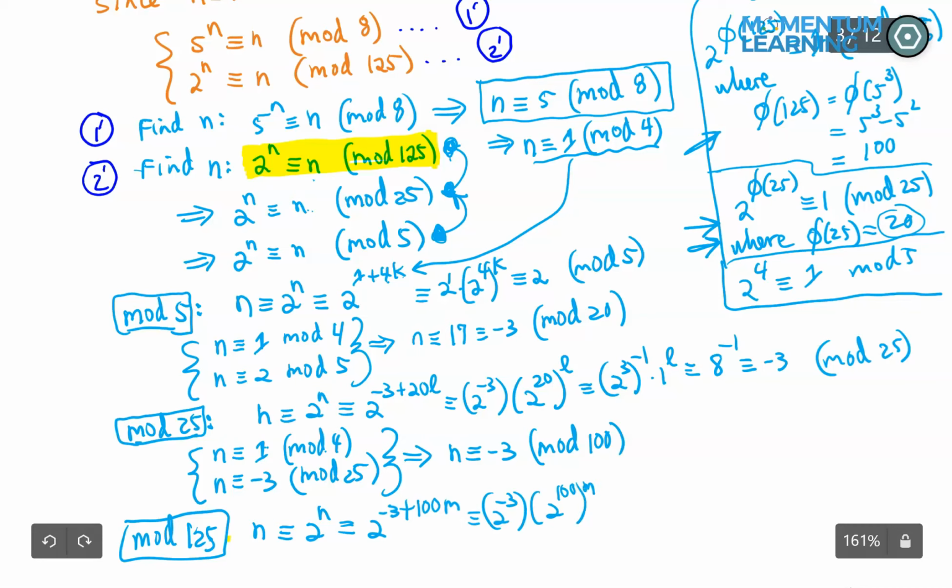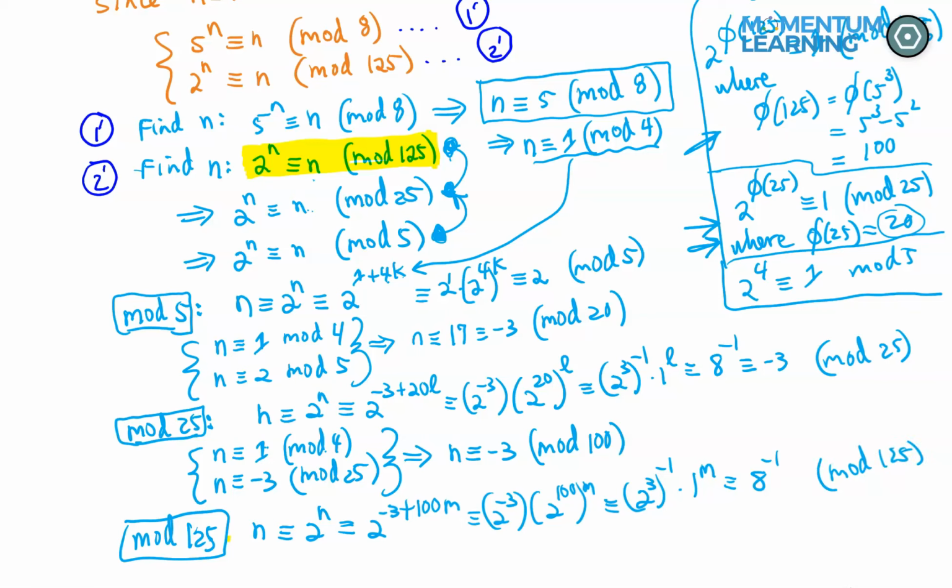Let me put the m outside, but 2 to the 100 by Euler's theorem is just a 1, so this is just 2 cubed to the -1 times 1 to the m. 2 cubed is just 8. Oh, multiplicative inverse of 8. That's it. Modulo 125. That's the answer. So whatever is the multiplicative inverse of 8, that's what n must be congruent to modulo 125.